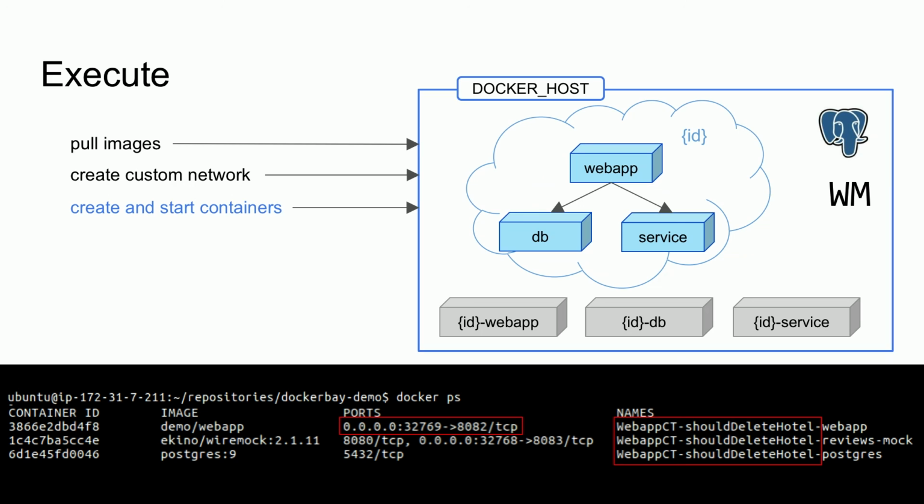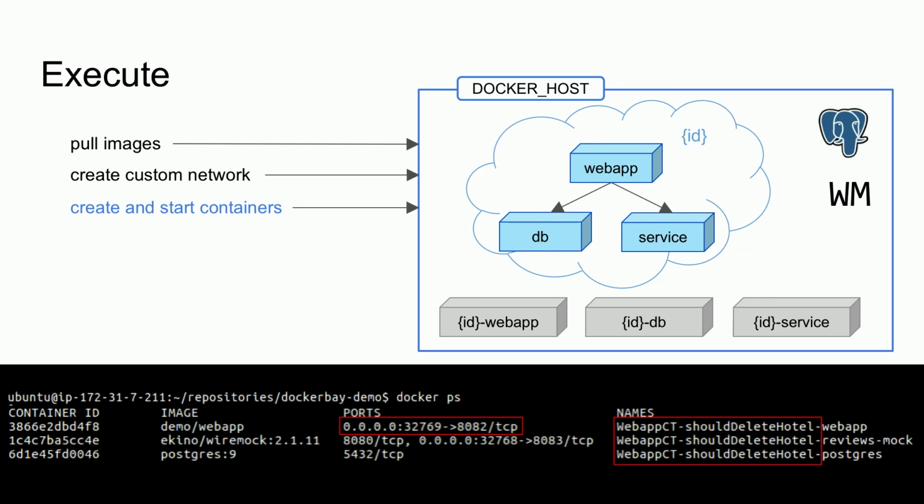And inside the network, DNS names of the containers will be just simple names: web app, Postgres, and this reviews mock. Another thing that is important here is, as you can see, the random port is allocated.